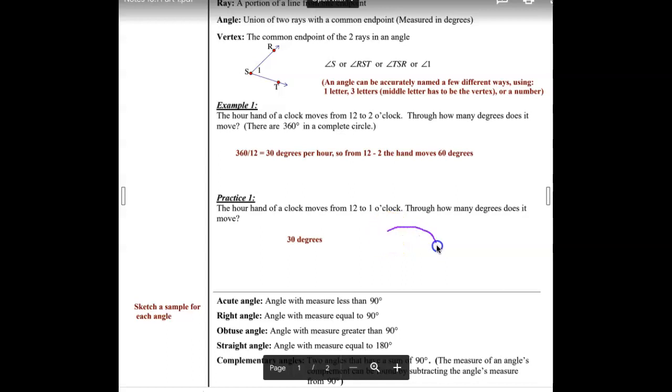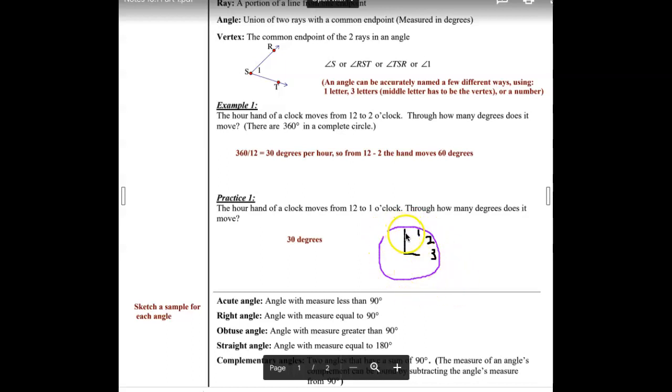So I can try to sketch that, right? If you had a clock, and let's just say this is the minute hand and this is the hour hand. The minute hand is pointing at 12. The hour hand here is pointing at 3. So, 12, 1, 2, and it has 12 total hours, and it is a circle at 360 degrees.